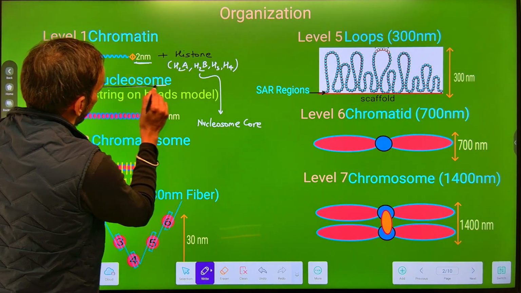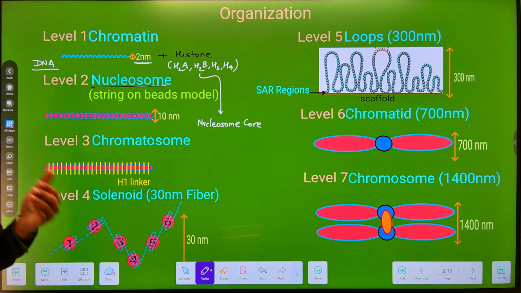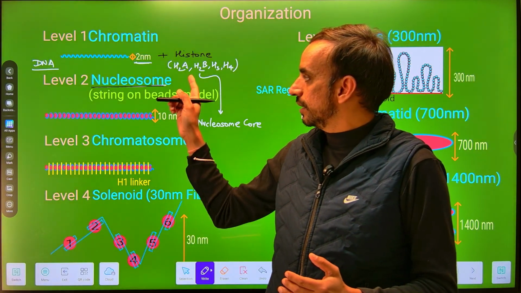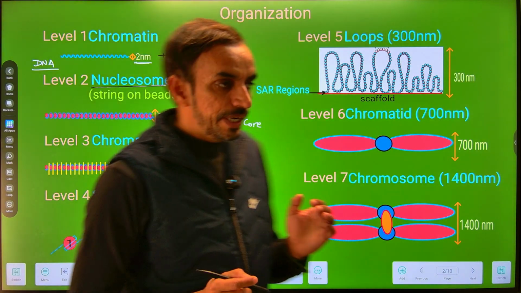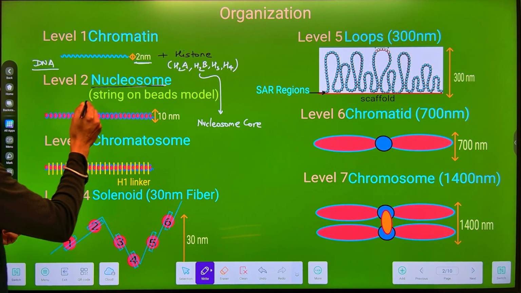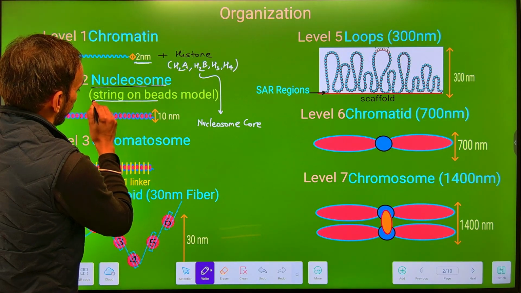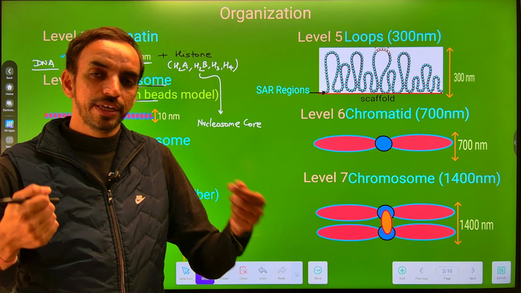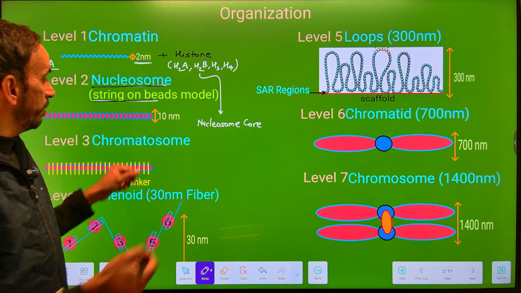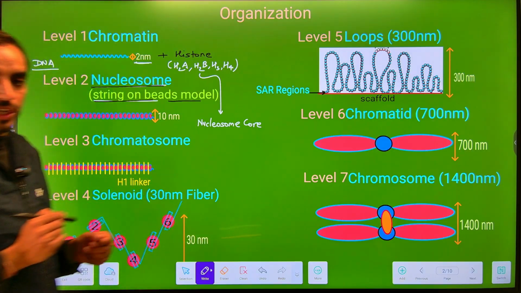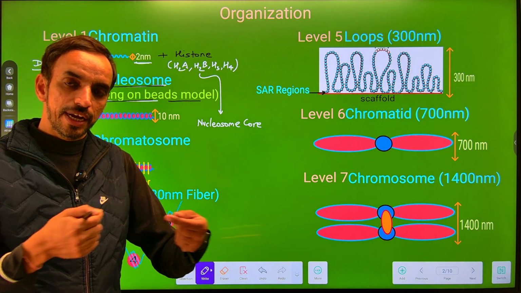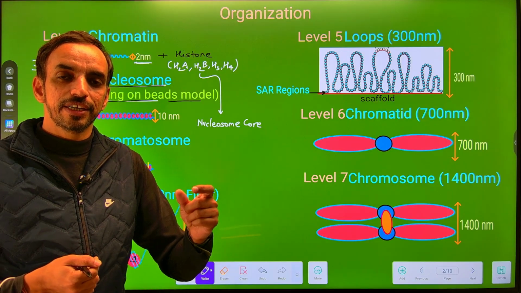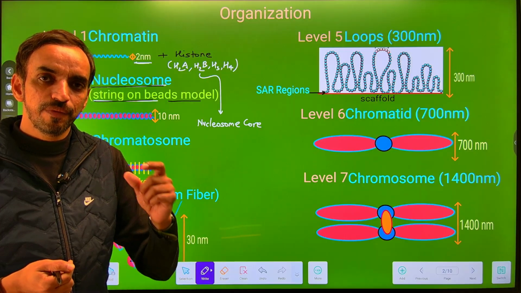जिसे अपन कहते हैं nucleosome. If you observe the nucleus under the electron microscope, at this nucleosome stage, it appears in the form of beads on a string. वहां पे आपको एक मोतियों की माला जैसी संरचना देखने को मिलेगी. That's why it is known as the beads on a string model. जहां पे string जो आपका धागा है वो होती है DNA, और जो beads हैं these are the nucleosome core made up of histone.